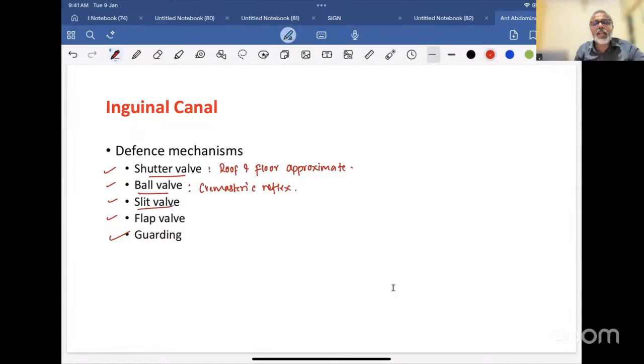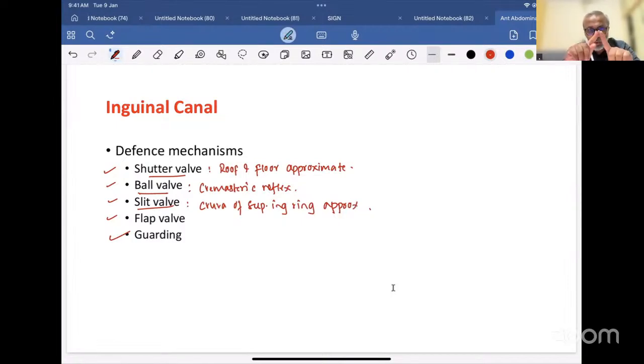What do we mean by the slit valve mechanism? In slit valve mechanism, what happens? Remember, the crura of superficial inguinal ring approximate, right?